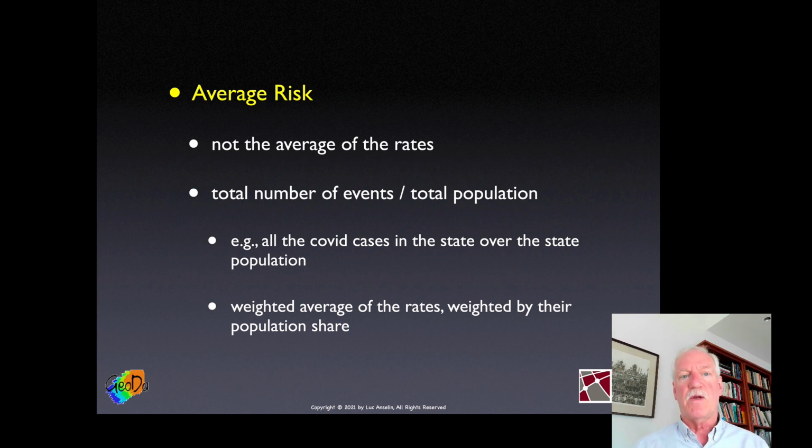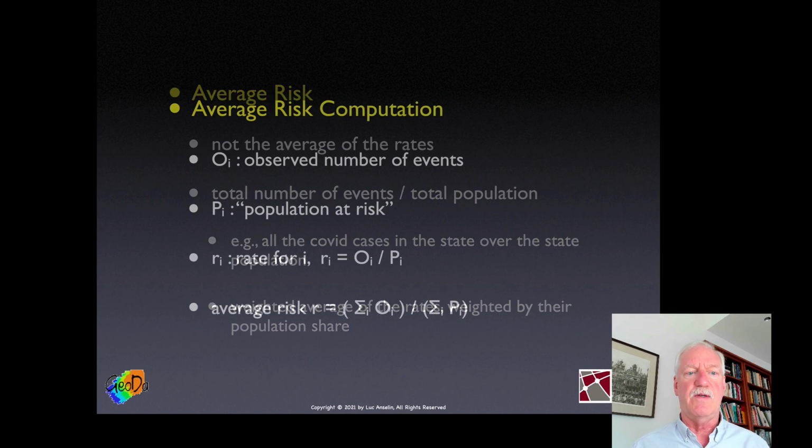The average of the rates for the counties in the state treats each county as an equal contributor to the computation of the mean. But this is incorrect because it favors the small counties and lowers the importance of the large counties. So to get the reference rate, we take all the cases and all the population and compute a rate for that.